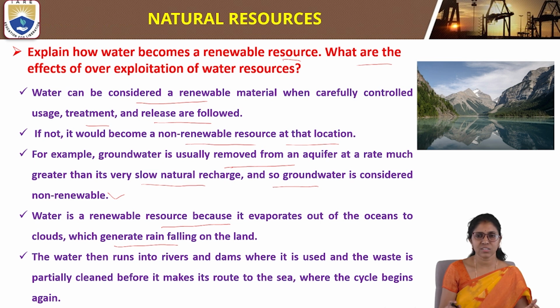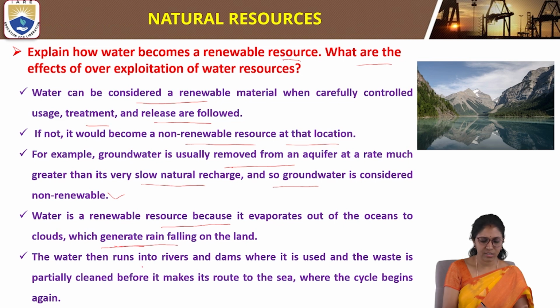After that, these clouds reach the land in the form of rain, falling on the land. So this is the cycle, the water cycle. Because of this water cycle, water is called a renewable resource.